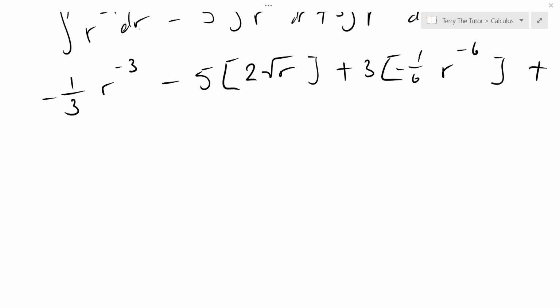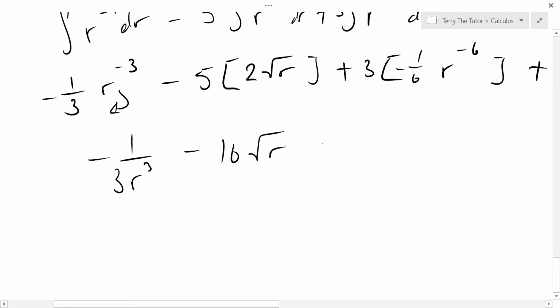Alright, let's round this out. Let's bring this negative exponent into the denominator. So we've got negative 1 over 3 r to the 3rd minus, that's going to be 10 square roots of r, and then we've got 3 times 1 is 3, divided by 6 is going to be 1 half, so we've got negative 1 half, and this r needs to go into the denominator, so we've got r to the 6th, because it's a negative exponent, plus c.